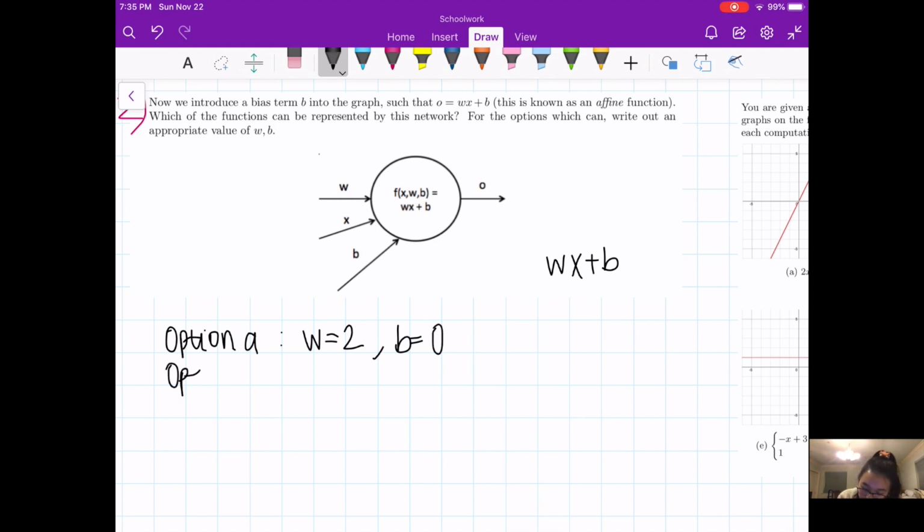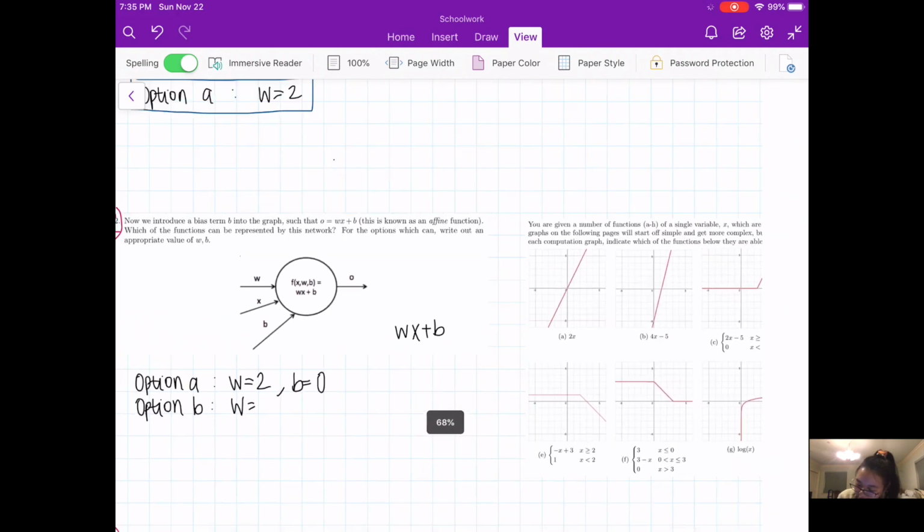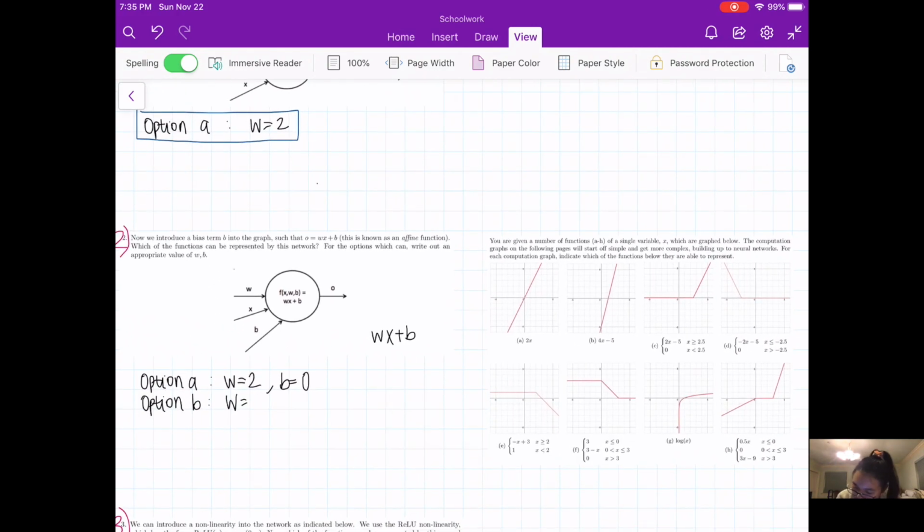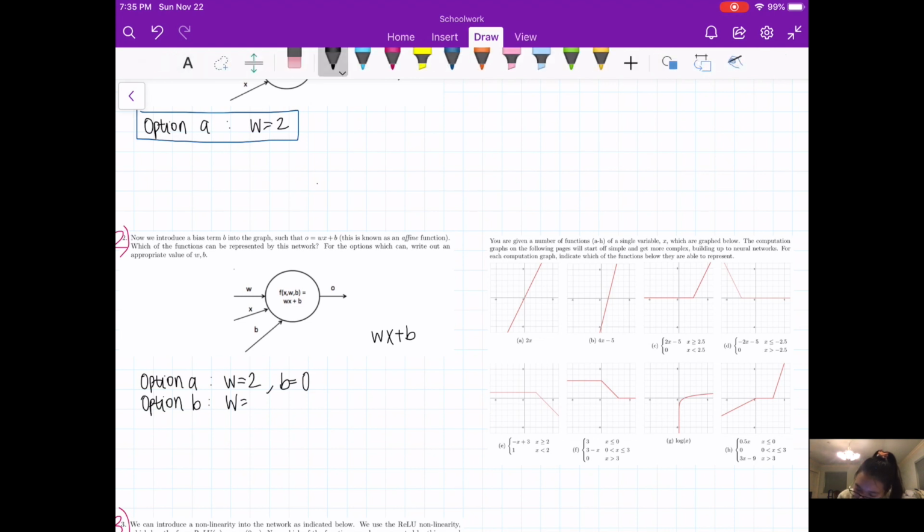And then the other option that works is option B. I also include the options on the right side so it's easier to look at, but we want option B to have W equal to 4, and B equal to -5 to get the -5 bias shift. And then this is our solution for 2.